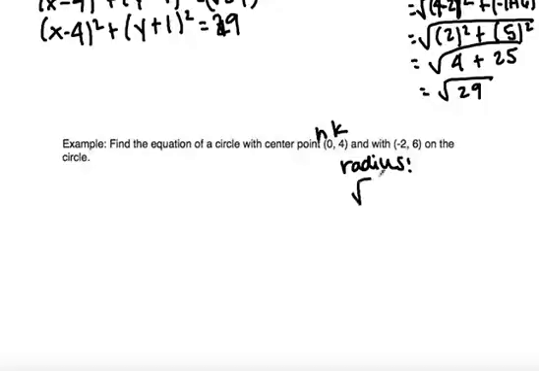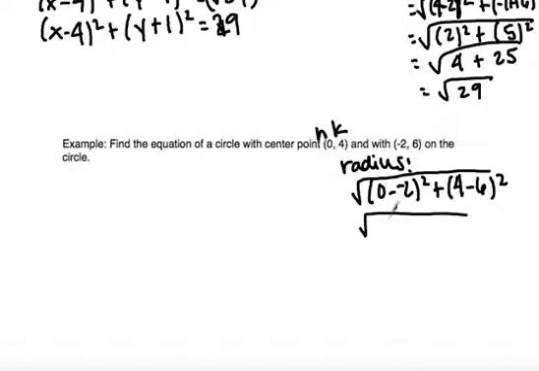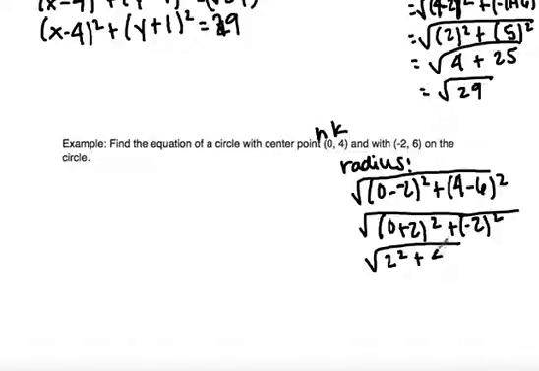I'm going to use the distance formula: (0 - -2)² + (4 - 6)². 0 minus negative 2 gives me 0 plus positive 2, squared, and 4 minus 6 gives me negative 2, squared. So 2 squared is 4, and negative 2 squared gives me positive 4. 4 plus 4 gives me square root of 8.